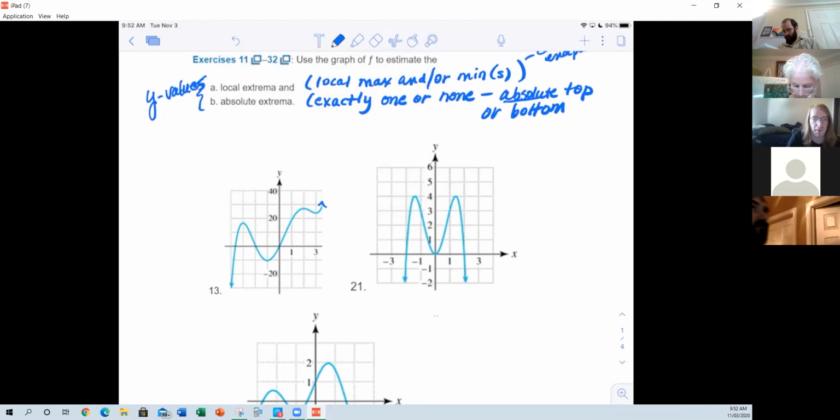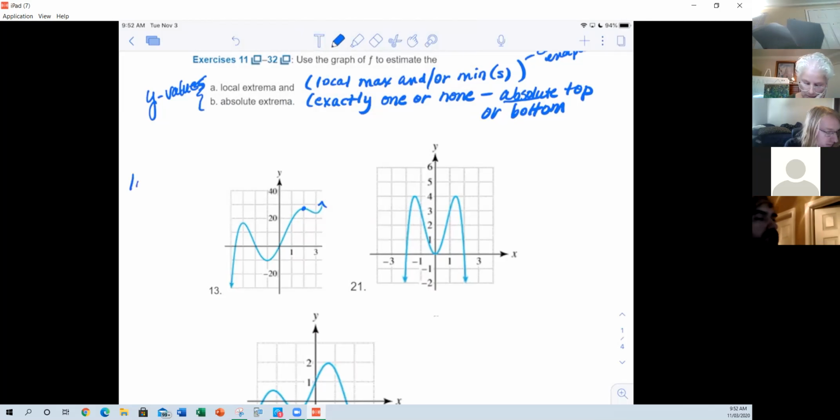For maximums, I have at 2 and about 26. Yeah, that looks good. So 26 would be one of the local maximums, right?